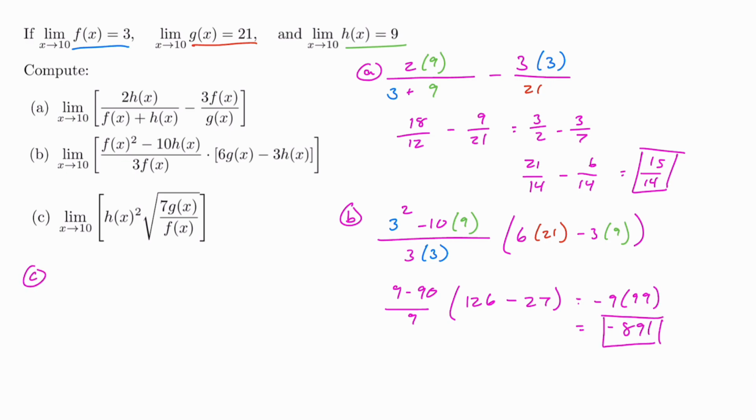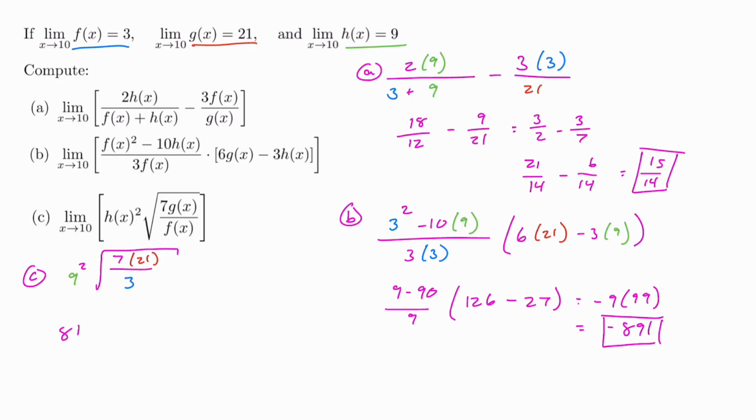And for C, we have h of x squared, so that's 9 squared times the square root of 7 times g of x divided by f of x. So we go ahead and solve. We can get 9 squared is 81.